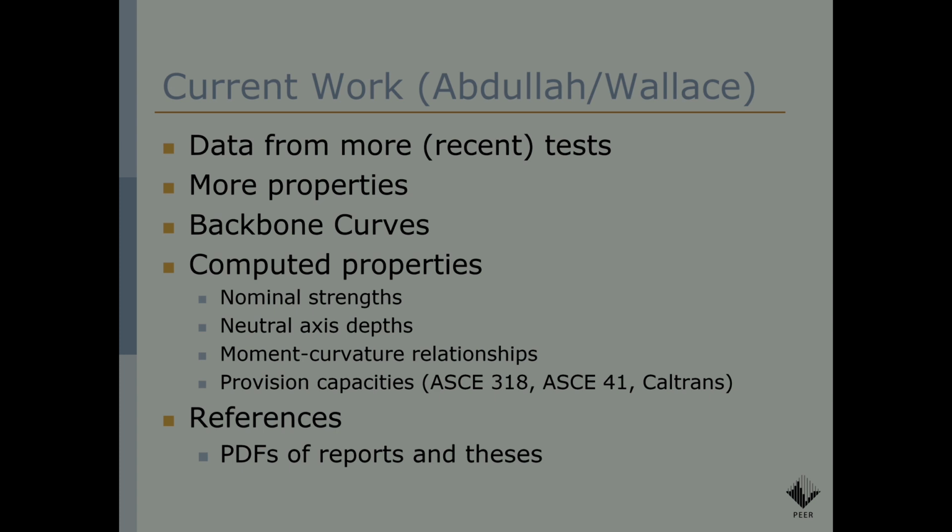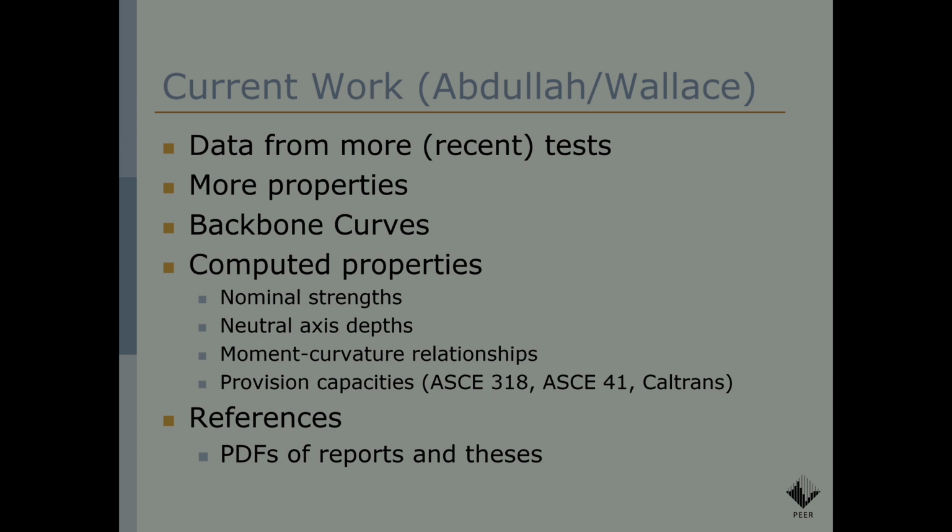Okay, so in 2020, PEER provided some funding to Simon and John to add some more tests, and they've added a bunch of them. They even presented a few years ago about that, some more properties, backbone curves, and something which we probably should have done back in 2004, and other people have done since, which is to have a bunch of generic computed properties.